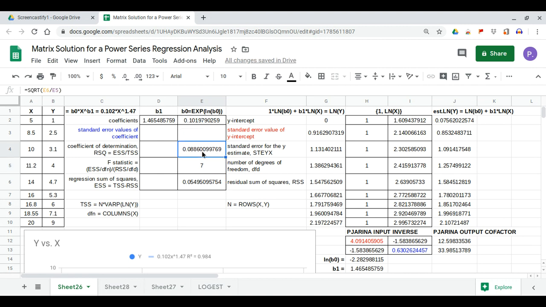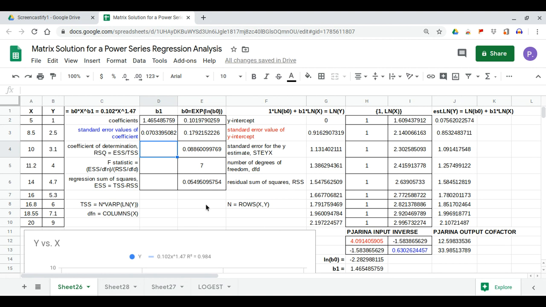Now that we have the standard error estimate, we can calculate the standard error of the coefficient B0, which is equal to the standard error estimate times the square root of the pseudo-inverse red value. And the standard error of the coefficient B1 is equal to the standard error estimate times the square root of the pseudo-inverse blue value.